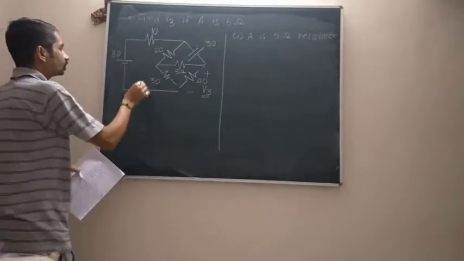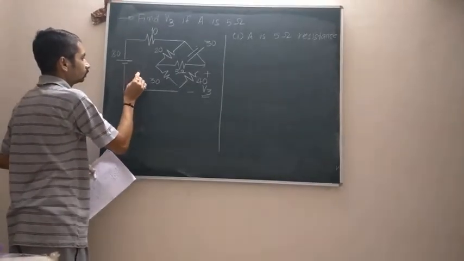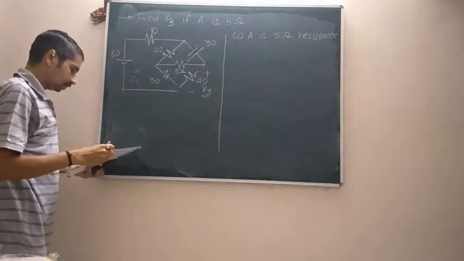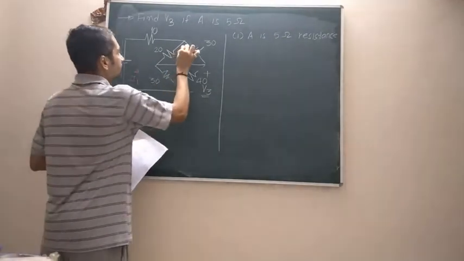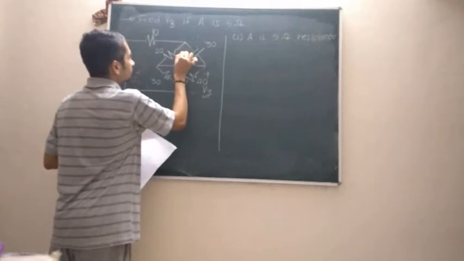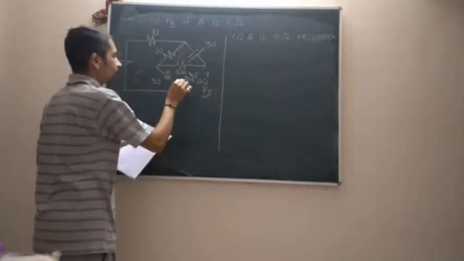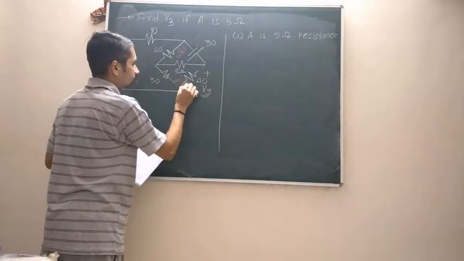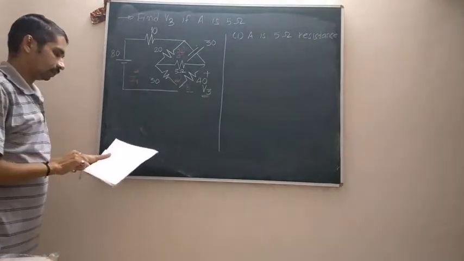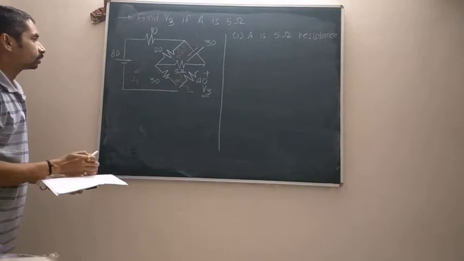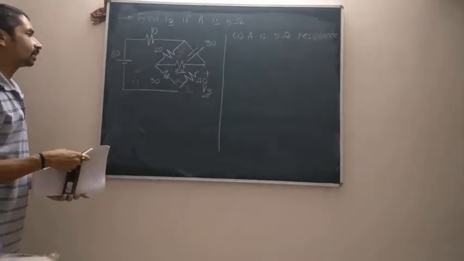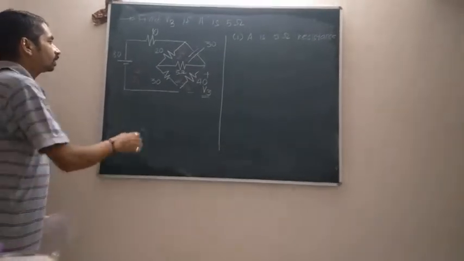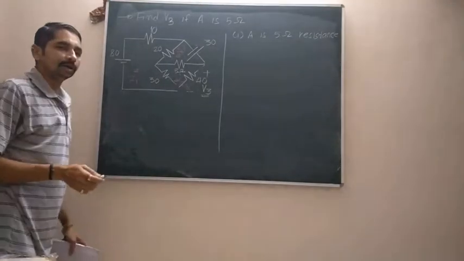So again, as you can see over here, I will assume this current as I1, this current as I2, and this current as I3. Okay, so once again we have to do the same thing. We have to apply KVL to all the 3 loops independently.